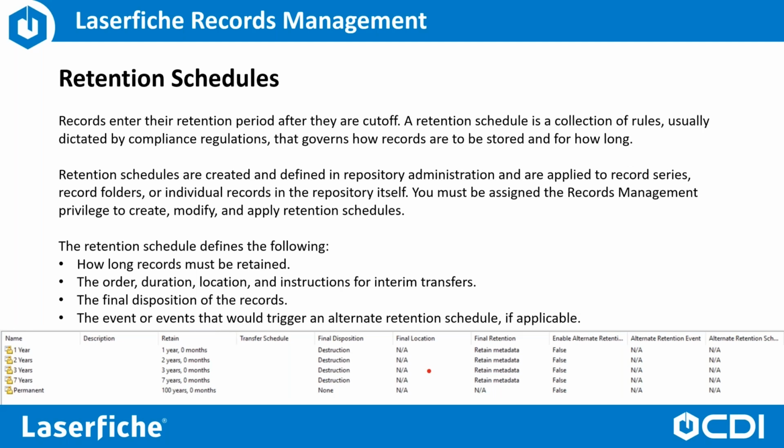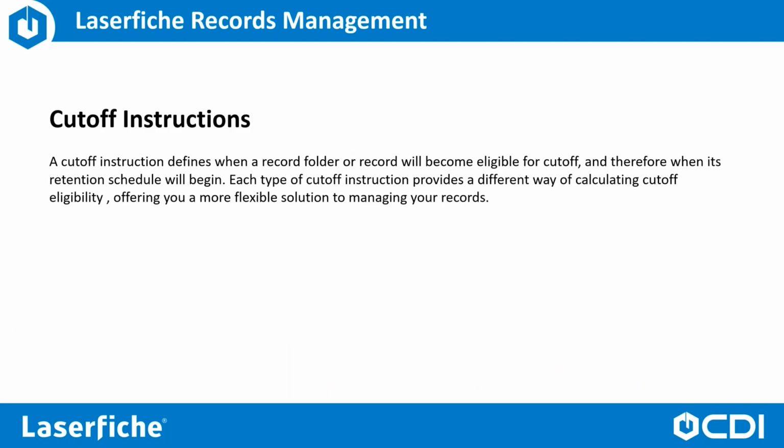Those are all things that are part of the retention schedule itself. Now, the retention schedule only happens once the cutoff happens. So the cutoff instructions are merely what causes that record to begin its records life cycle journey, if you will.